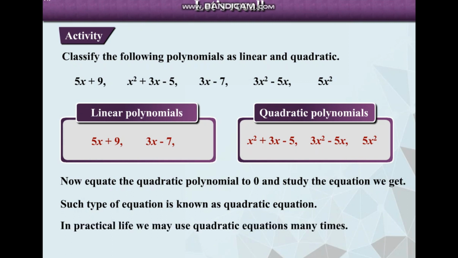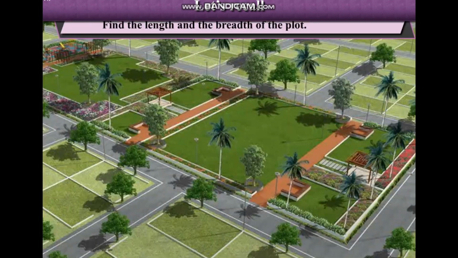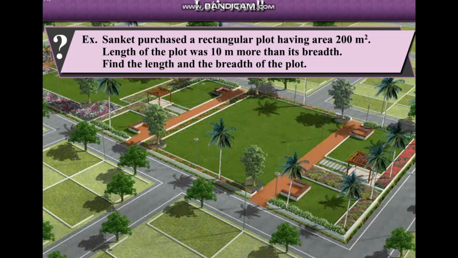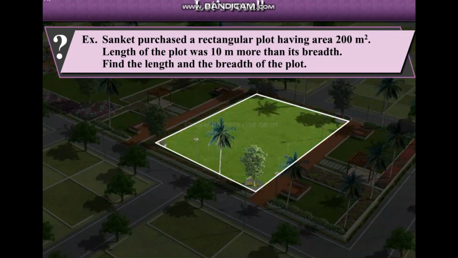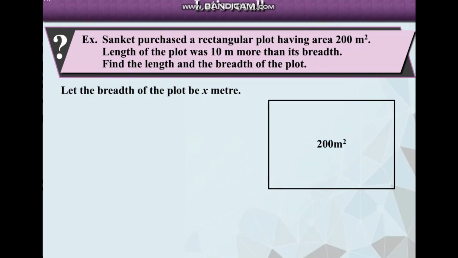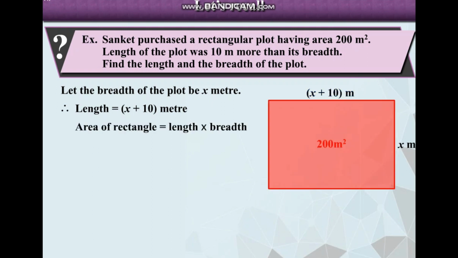In practical life, we may use quadratic equations many times. Example: Sanket purchased a rectangular plot having area 200 square meters. Length of the plot was 10 meters more than its breadth. Find the length and the breadth of the plot. Let the breadth of the plot be x meter. Therefore, length is equal to x plus 10 meter. Area of rectangle is equal to length multiplied by breadth.